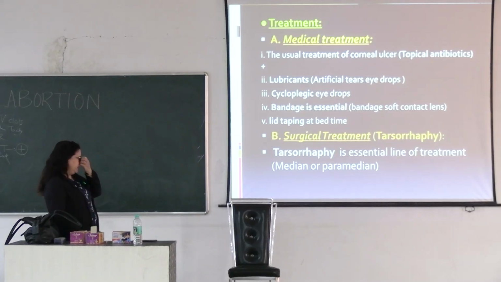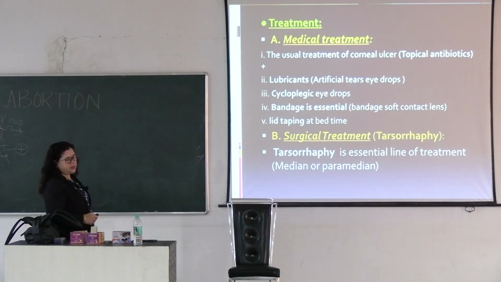Then treatment. It has two kinds of treatment, medical treatment and surgical treatment. Medical treatment: all primary measures of normal corneal ulcers are given. Topical antibiotics are given according to culture and sensitivity, then lubricant eye drops are given to smoothen the corneal surface, and cycloplegic eye drops are given to relieve the pain and the spasm of the ciliary body and uveitis.